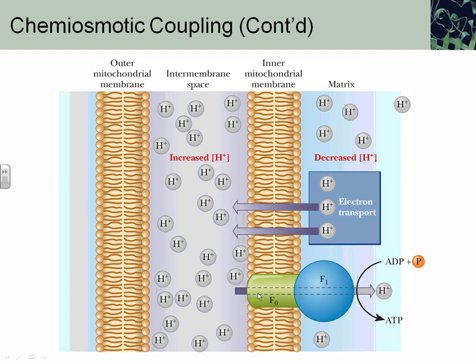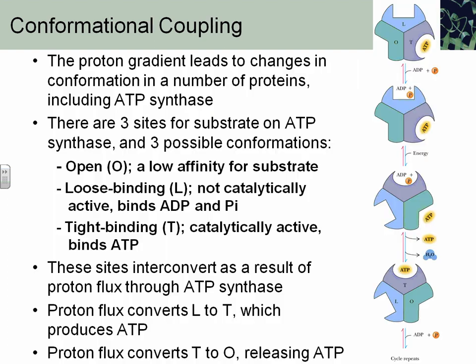As the protons flow through this ATPase, we are going to take an ADP and a phosphate and combine them together to produce energy. How can this function? It turns out that as the protons are flowing through, the ATPase itself undergoes several conformational changes. It can exist in 3 different conformations with 3 different binding abilities.